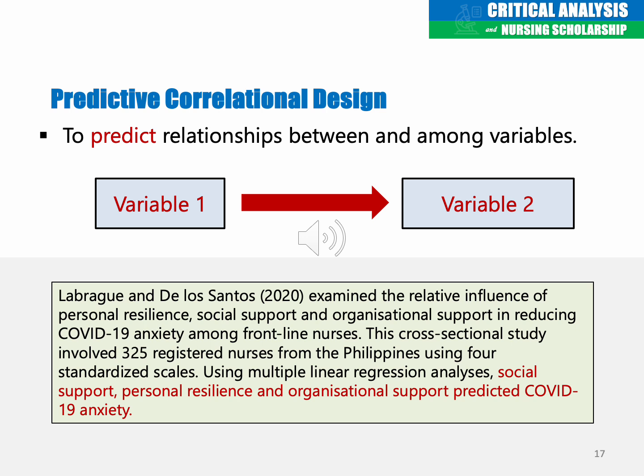Based on their analysis, they were able to demonstrate that social support, personal resilience, and organizational support predicted COVID-19 anxiety. In their study, it was clear that the three variables were examined to see whether they can predict COVID-19 anxiety among frontline nurses.